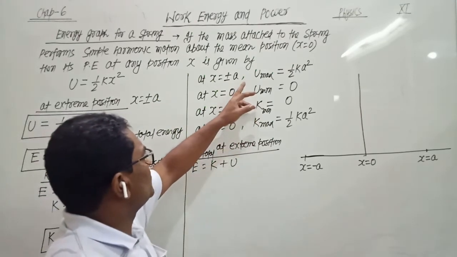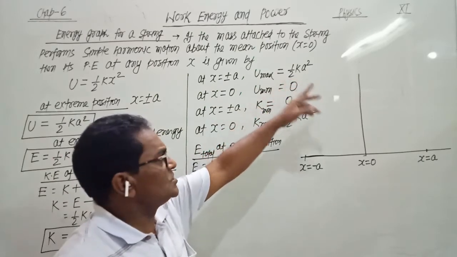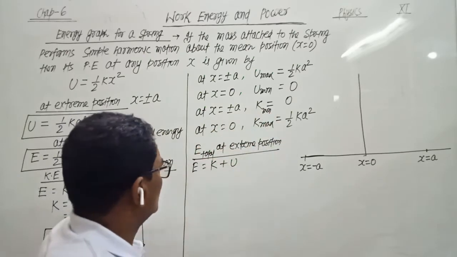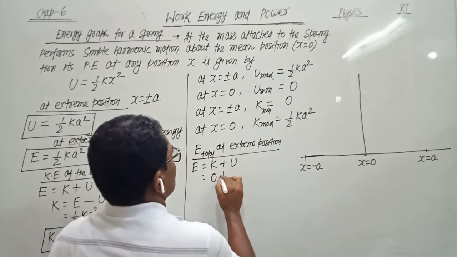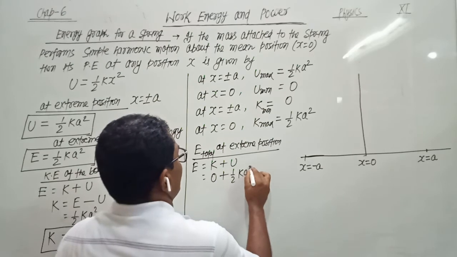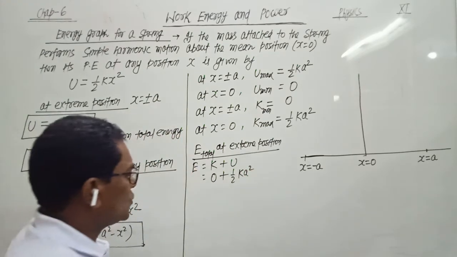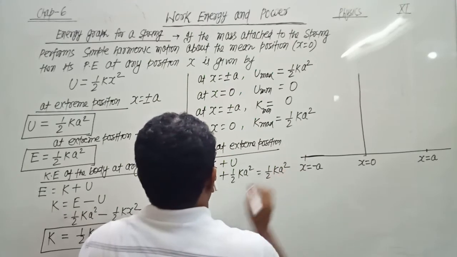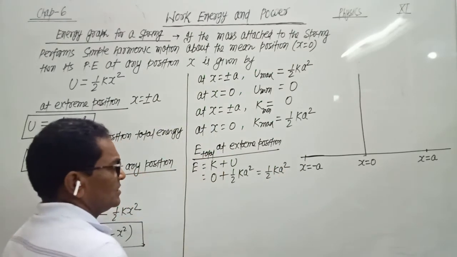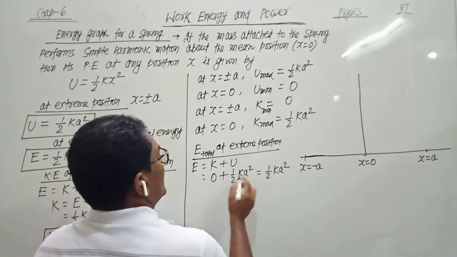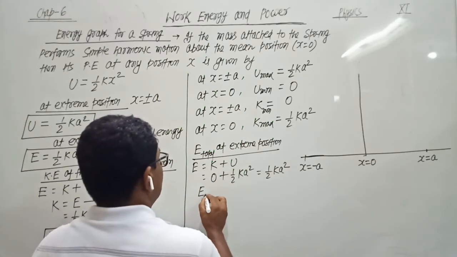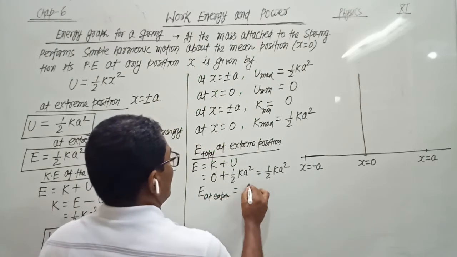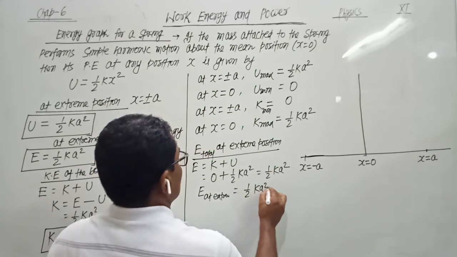At the extreme position, potential energy is 1/2 kA² and kinetic energy is 0. So 0 plus 1/2 kA². So at the extreme position, the total energy is 1/2 kA².